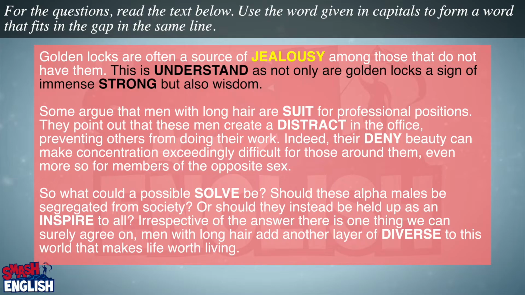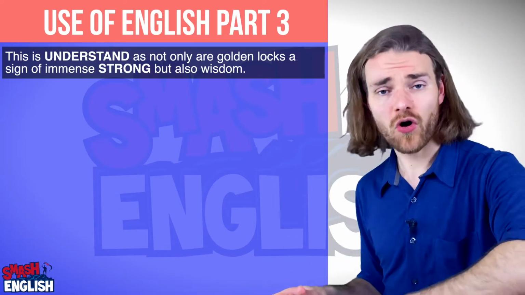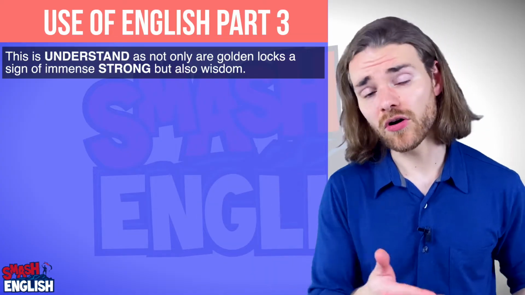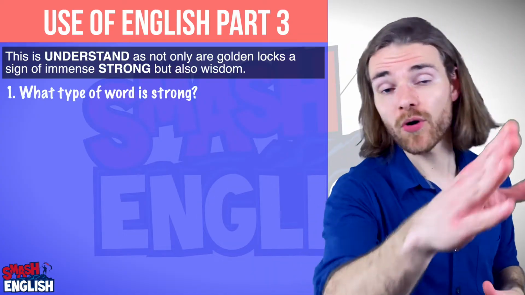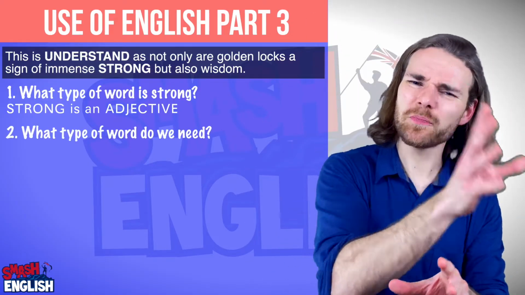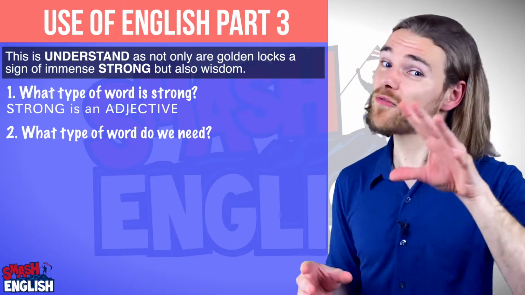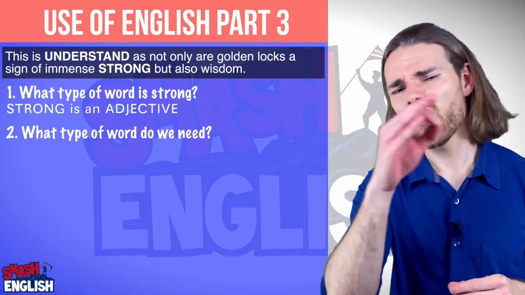This is understand, as not only are golden locks a sign of immense strong, but also wisdom. Now it gets a bit more difficult, so let's start with strong, because it's the easier one of the two. Strong, our word in bold, is an adjective. The word preceding our space is immense, which is also an adjective. Before immense, we have a sign of.